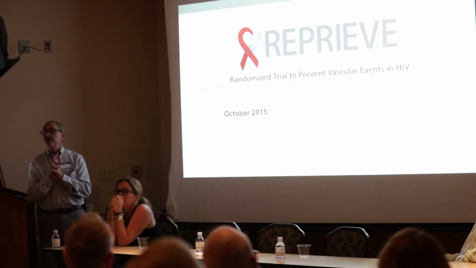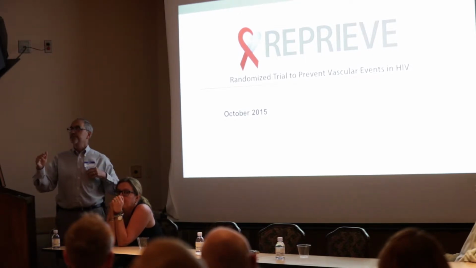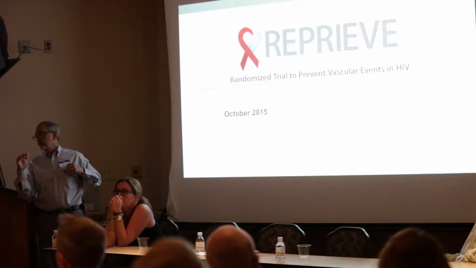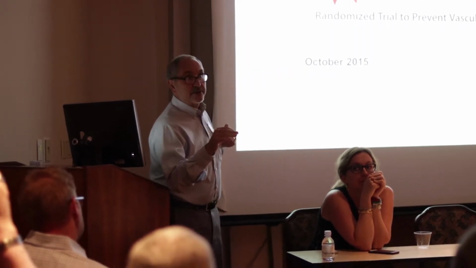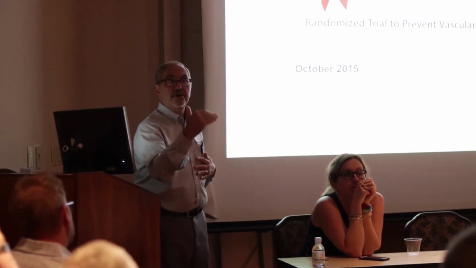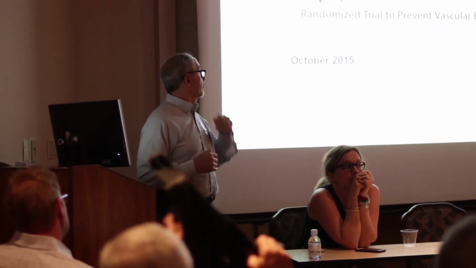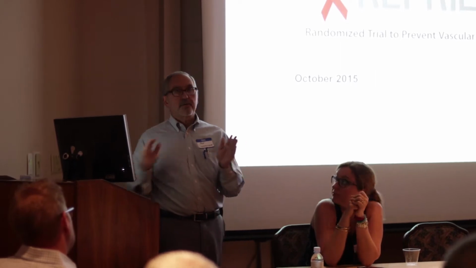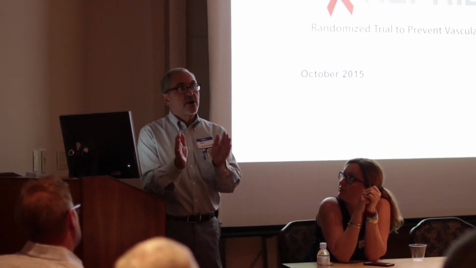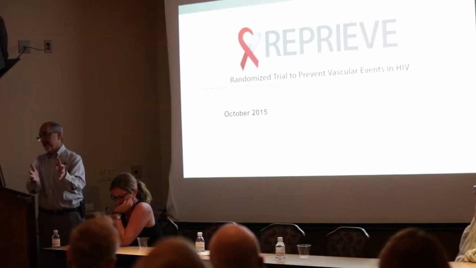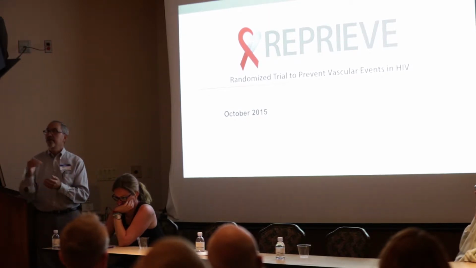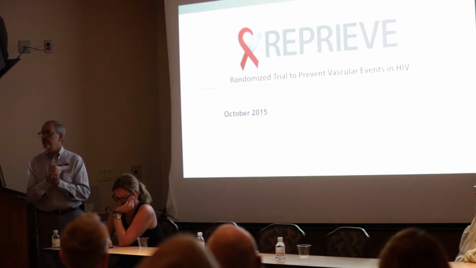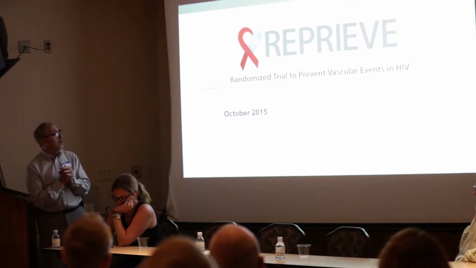What they're doing is they want to take those individuals who normally, based on current guidelines, would not go on a statin because their 10-year cardiovascular risk is too low for that. And they randomize those people into going on a statin or not going on a statin, which is the standard of care. And the idea is to find out what 10-year cardiovascular risk we should be considering for HIV care.